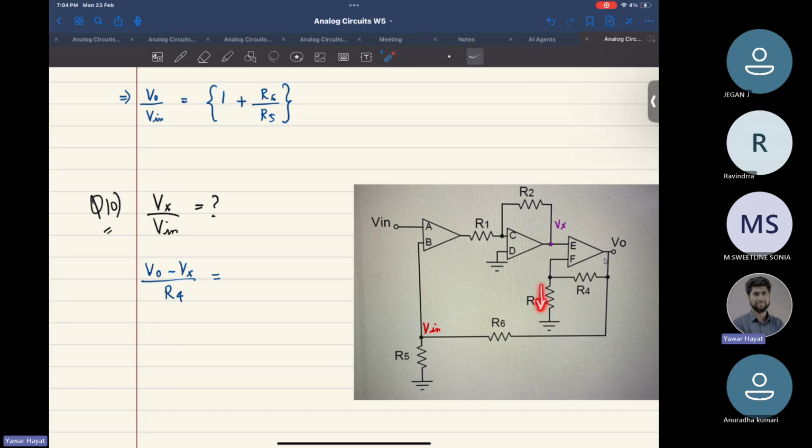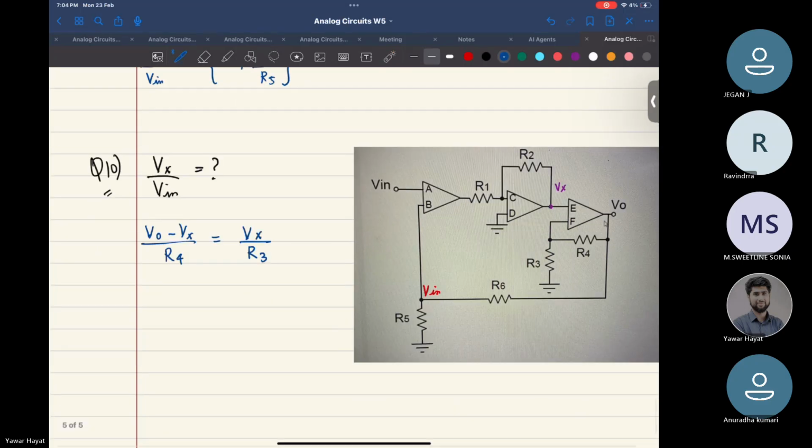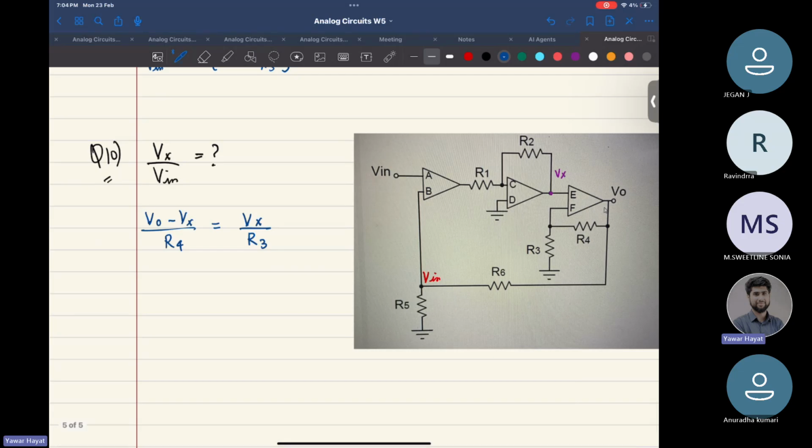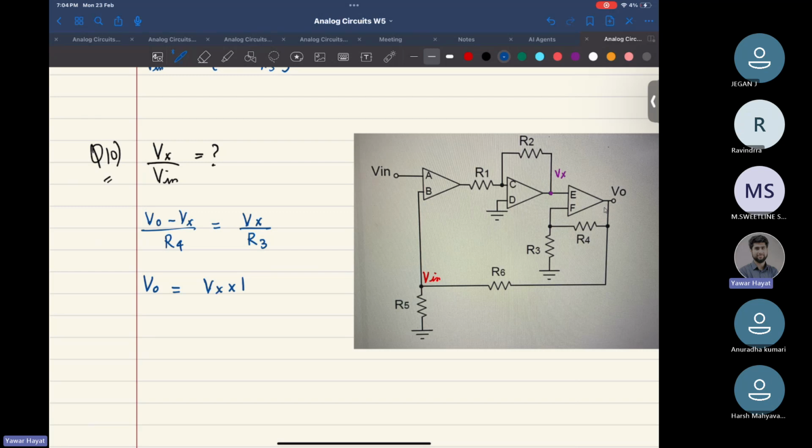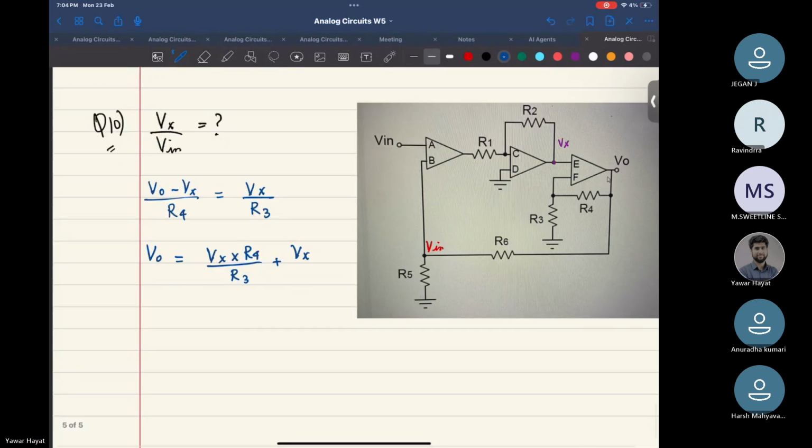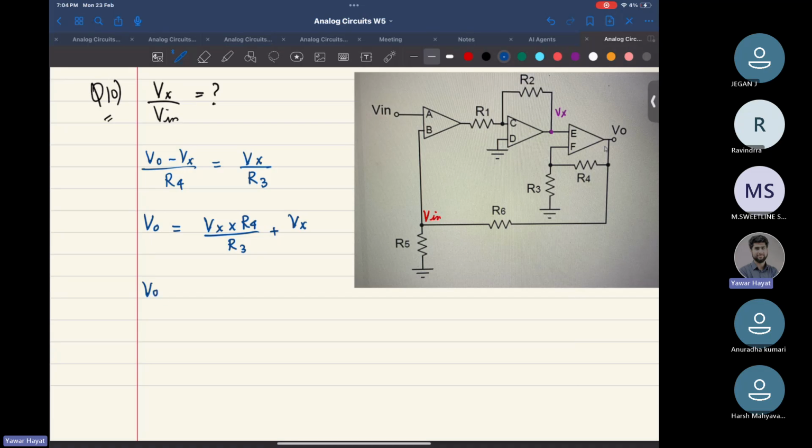This particular current. This is what? Vx minus 0 divided by R3. Vx by R3. Right? So I can write VO as Vx into R4 by R3 plus Vx, which will give me VO by Vx.